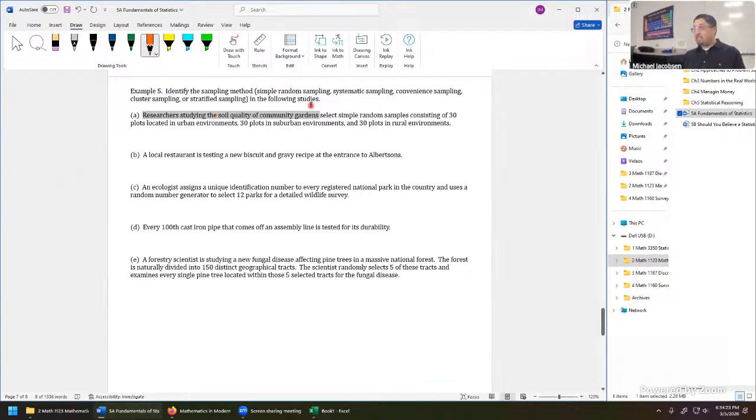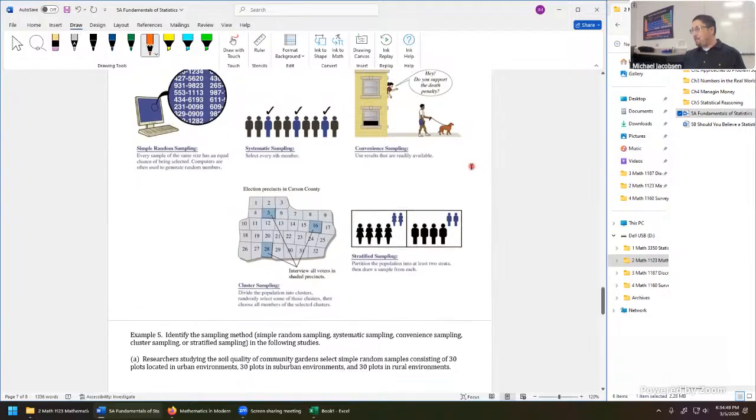What they did then to study the soil quality of community gardens, they selected simple random samples of 30 plots in urban environments, 30 plots in suburban environments, and 30 plots in rural environments. So their sample size is 90 total. But what would you all say that feels like as a sampling design? Which one does this fit in the best?